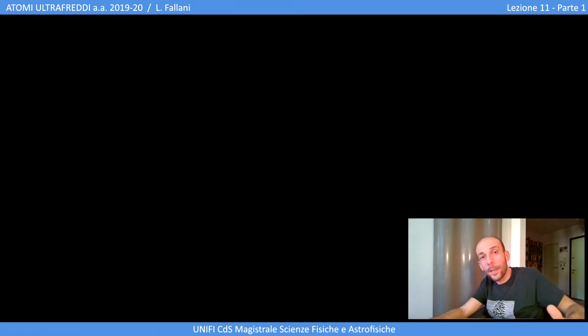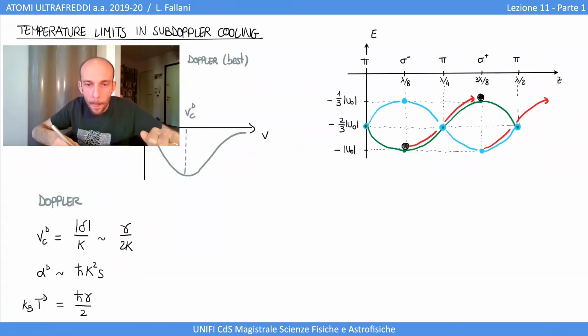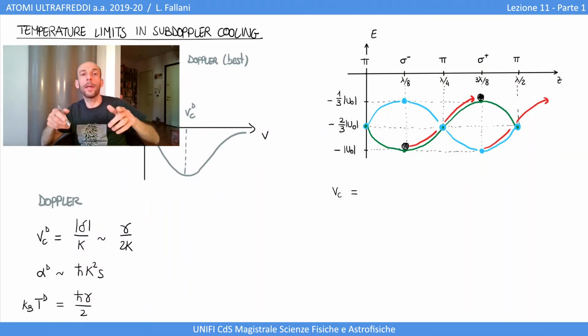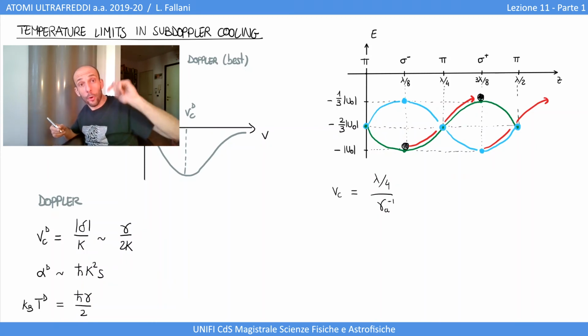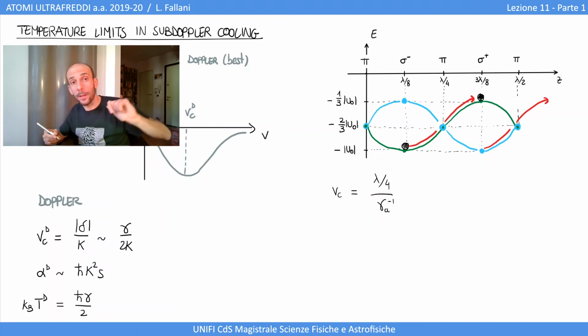So let's evaluate what this velocity is. This optimal velocity corresponds to a travel distance of lambda divided by 4 in a time that is the inverse of the absorption rate gamma A that we defined in the last lecture.